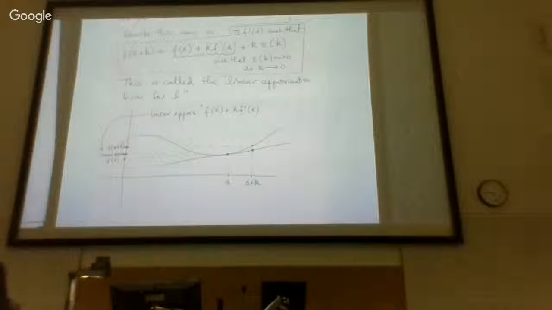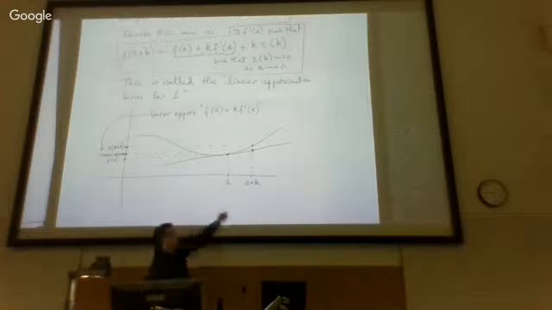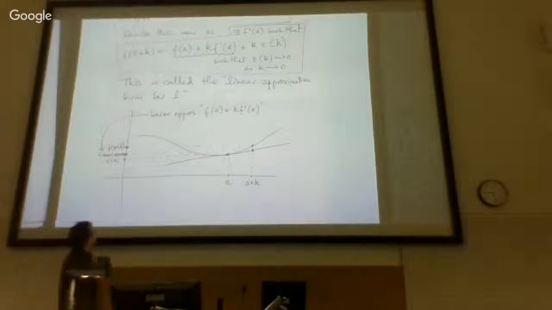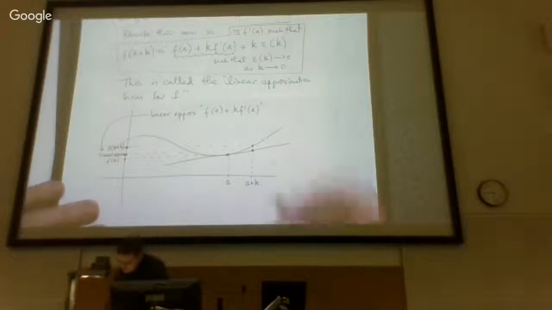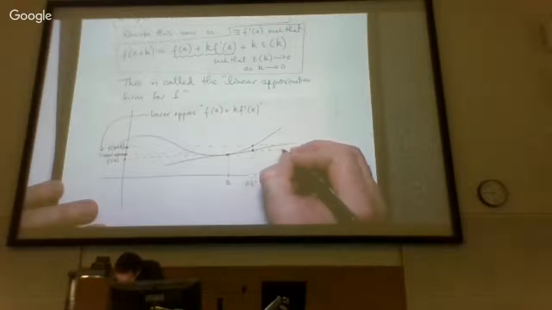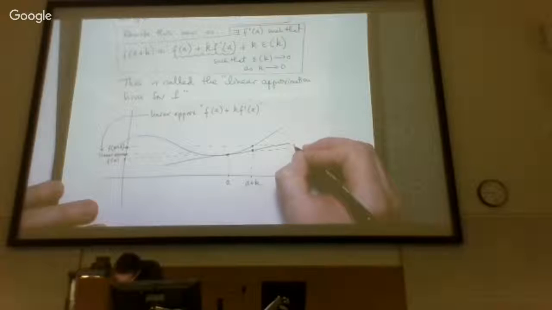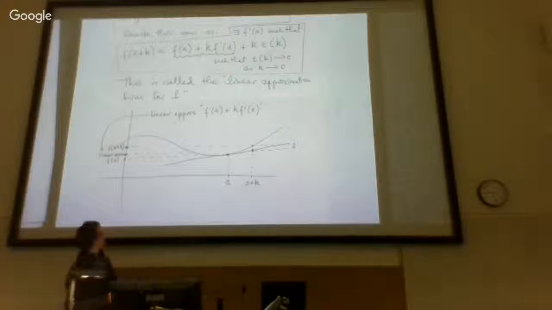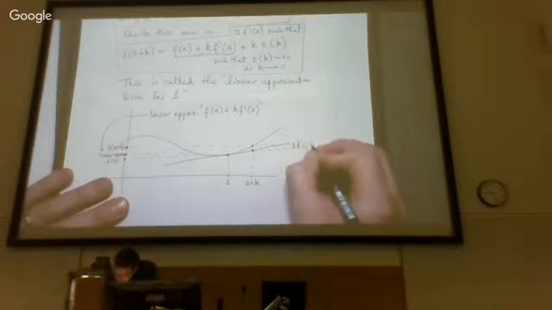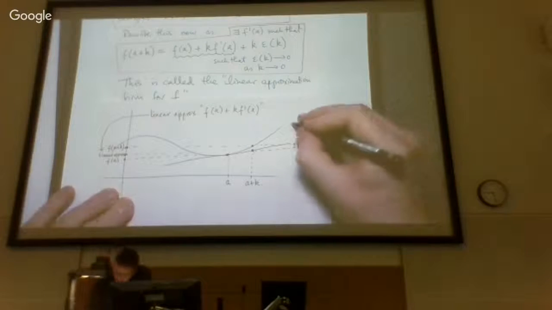And it's the derivative, and the line we're talking about is the tangent line. The gradient of that line is the value of the derivative. This distance here, this error term, the size of that distance is k epsilon k. That's the error.